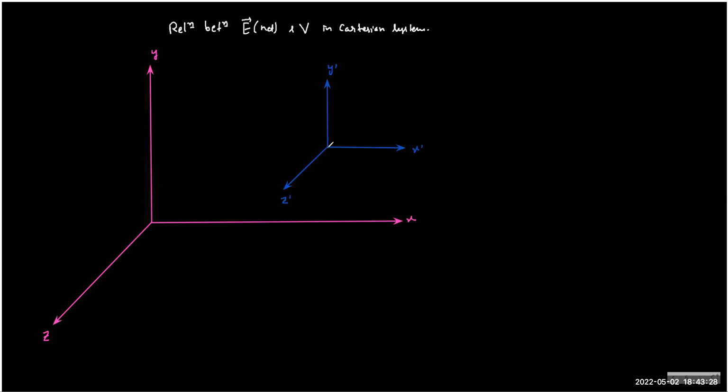Let's say the origin of this new coordinate system is itself at XYZ. So your point P is somewhere here. You're at some location having coordinates XYZ. So definitely this will have some potential which we can call V.